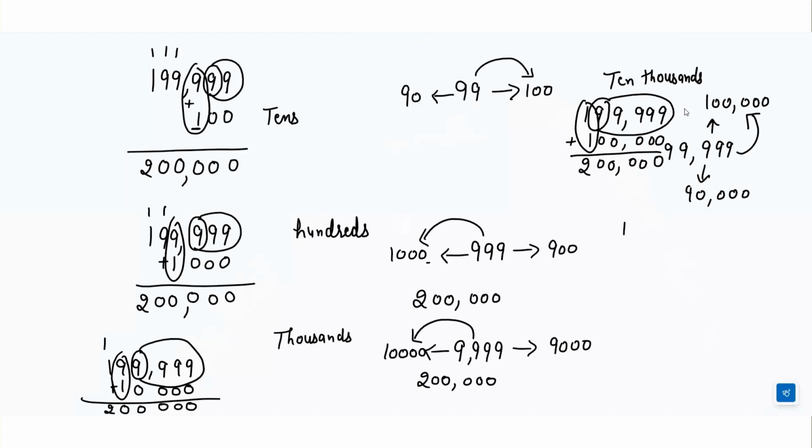Similarly, if I have to do it for 100,000s, so I will write down the same number here 199,999. So if I'll see, this is 1. And if I will take all the digits along with it, it is 199,999.